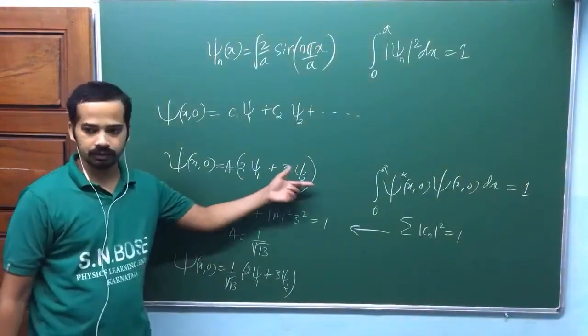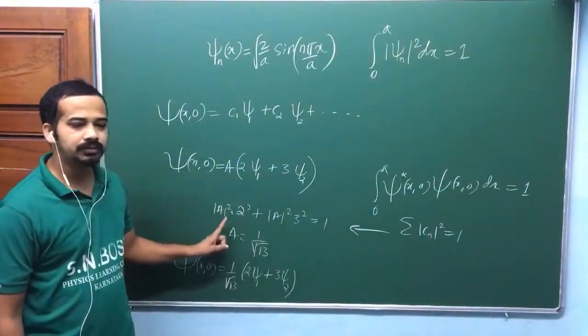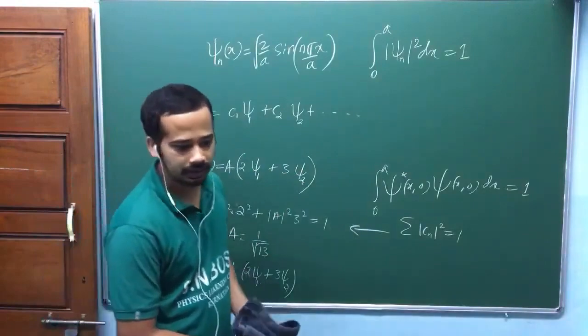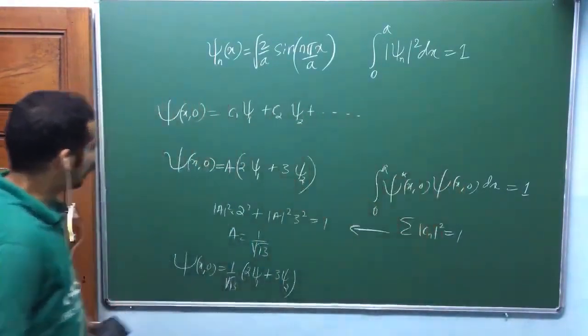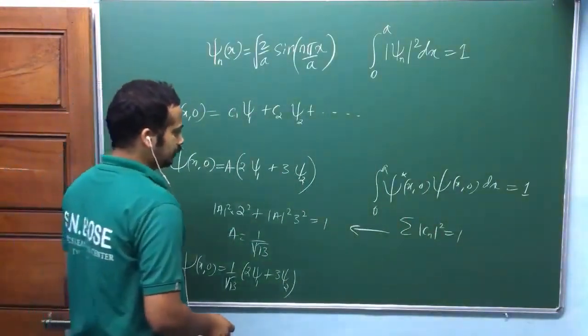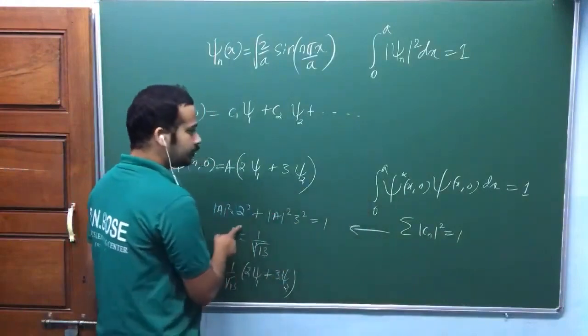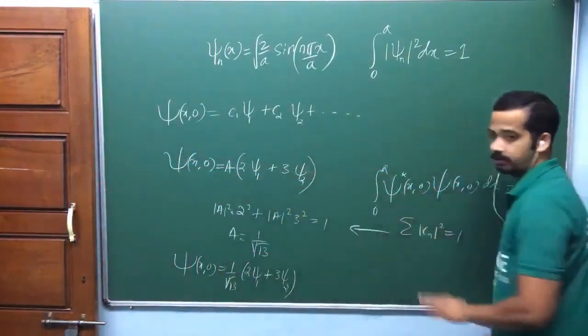Psi 1, psi 2, they are orthogonal, isn't it? That's also not a big deal in case of 2. But this is easier, isn't it? No need to do any integral. Yeah. So think over it, okay? For a given particular problem, think over what it would be. Doing this one is same as doing this one, because if you do, you will get to know. You are writing star into star, am I right?